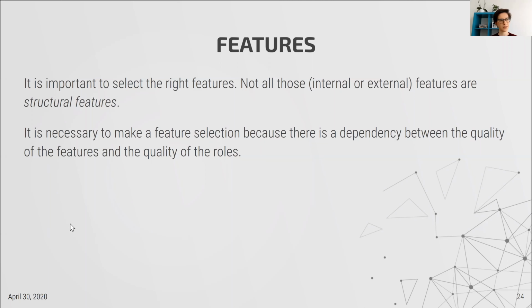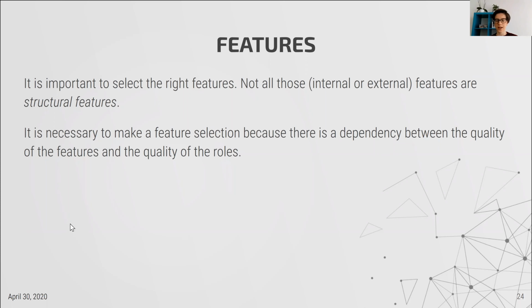But even if you just consider internal features, and by internal features, I mean, for example, the degree of the nodes, the number of triangles, or the number of one-hop, two-hop neighbors, and so on and so forth, it's kind of tricky to do a meaningful feature selection, because not all features are able to capture the structure of the graph itself.